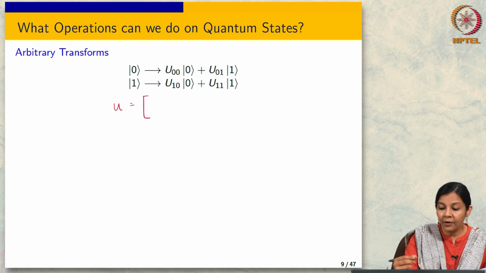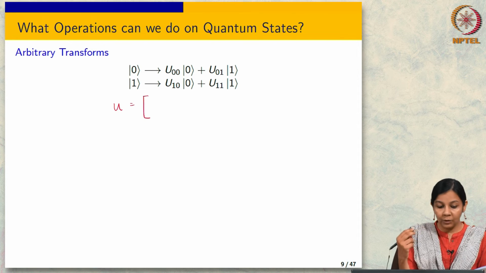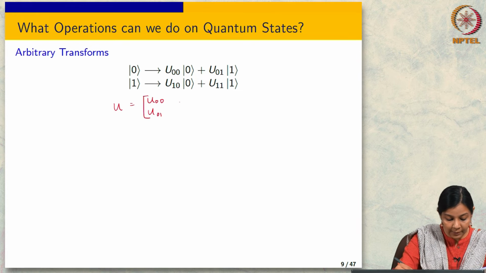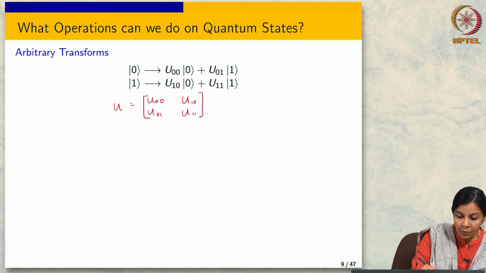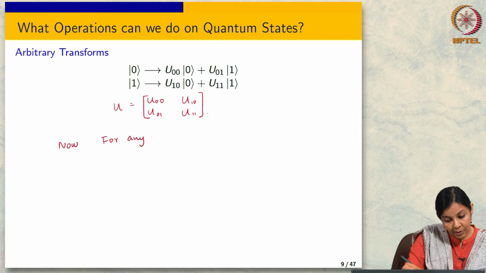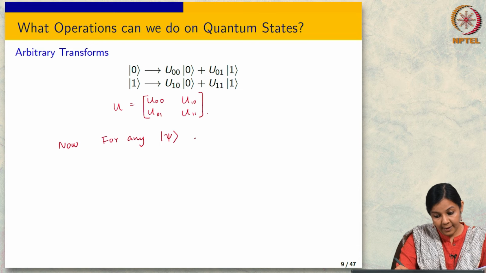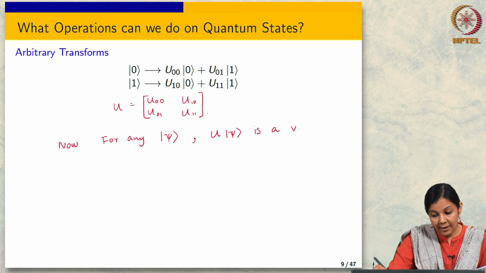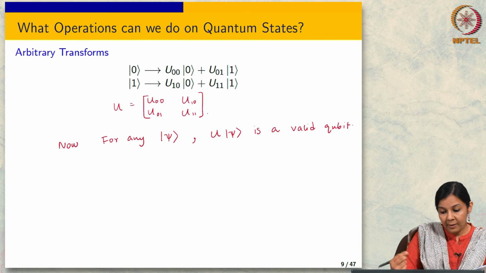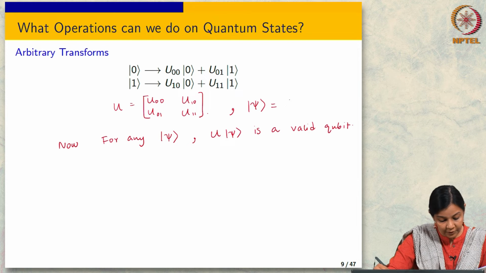So, let me put these u's together into a matrix. We have u00, u01, u10, u11. Okay, and now I want that for any state psi, it should be the case that u psi is a valid qubit. This is what I want. So, once again let me set up some notation for psi.